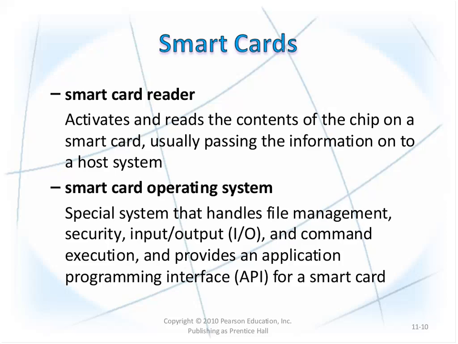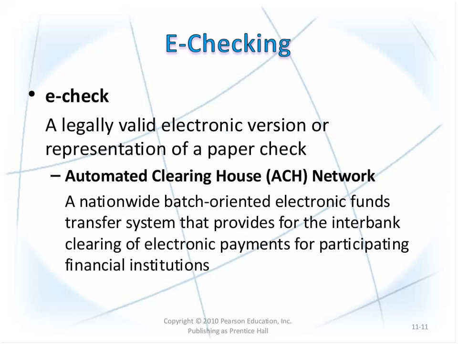What is e-check? E-check is the electronic version of a paper check. So what is the automated clearing house? ACH Network. ACH Network is a nationwide batch-oriented electronic funds transfer system that provides for interbank clearing of electronic payments for participating financial institutions.